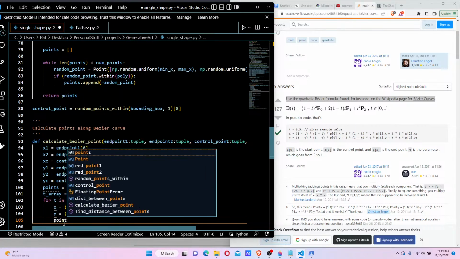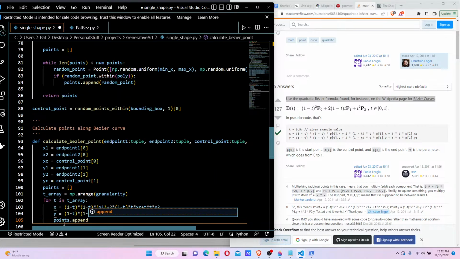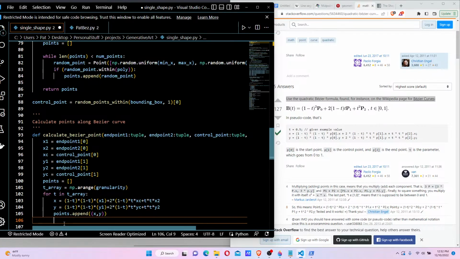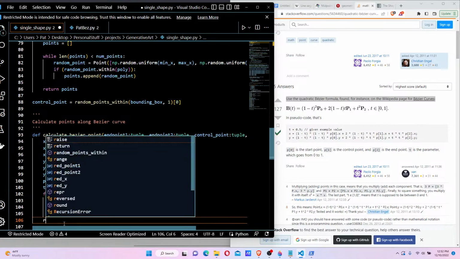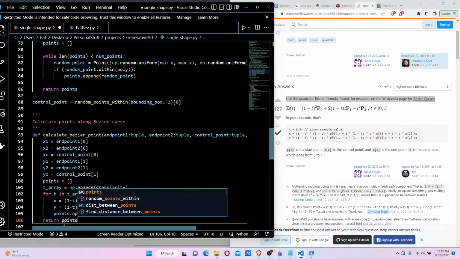And then we could do points.append, and we want to make it a tuple of xy. Okay, and then return points.